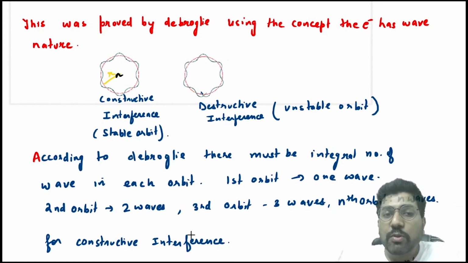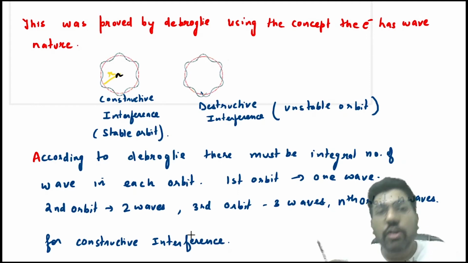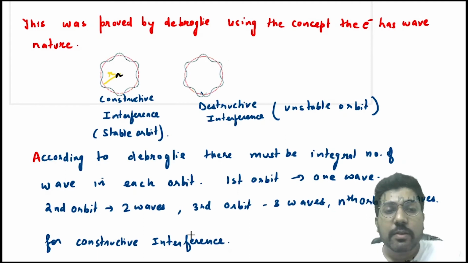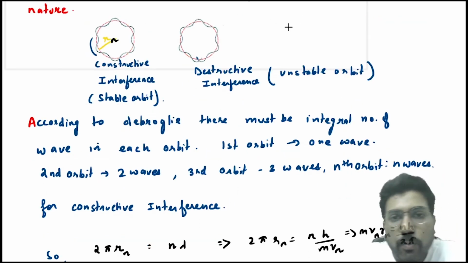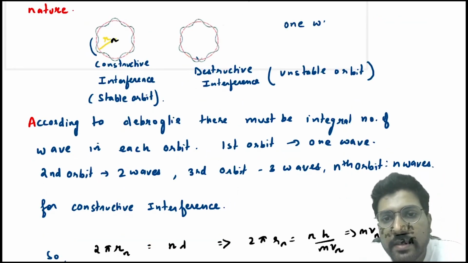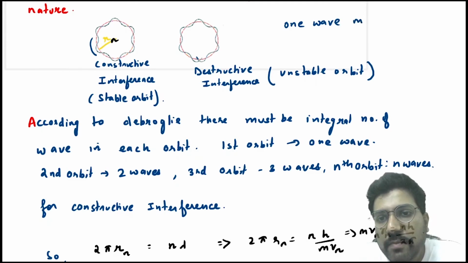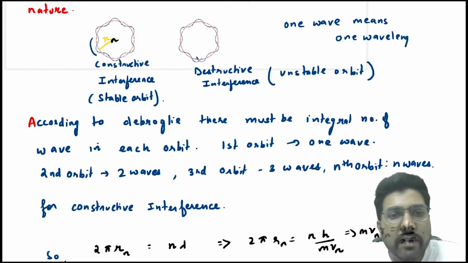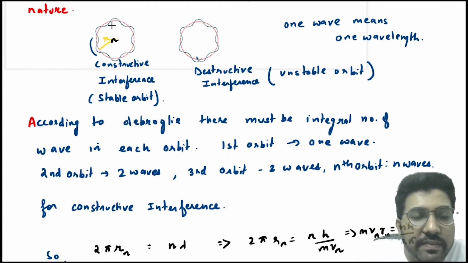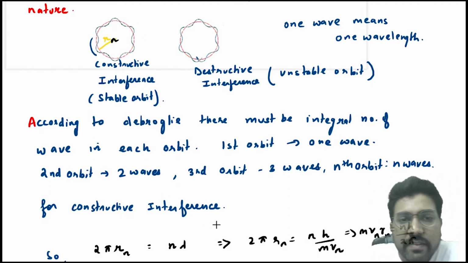So we now know which orbits can become stable: when there is an integral multiple of the electron wave. One wave means one wavelength.